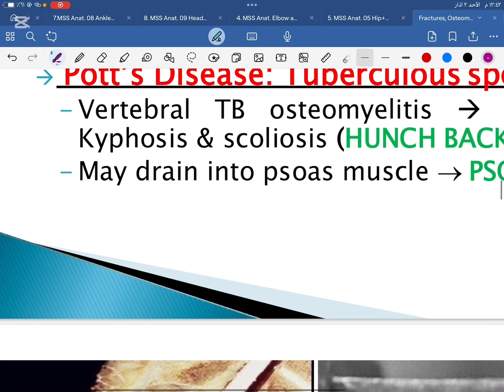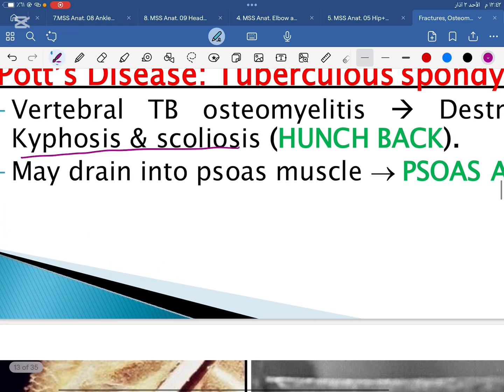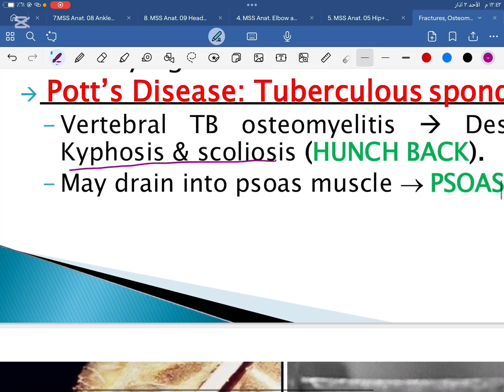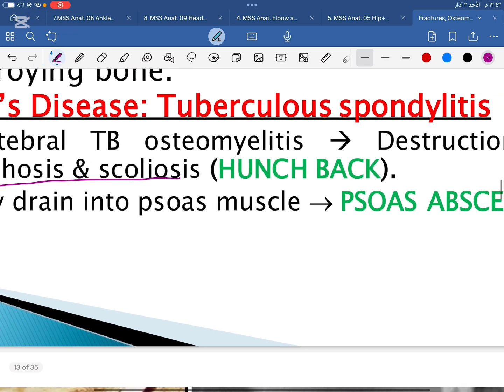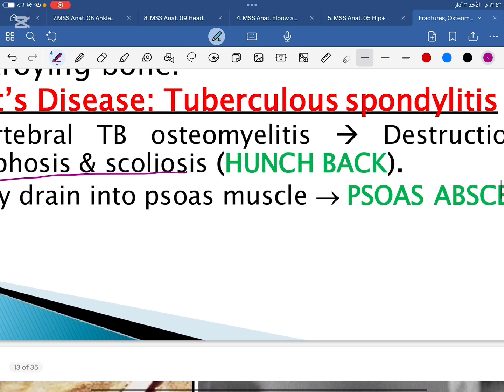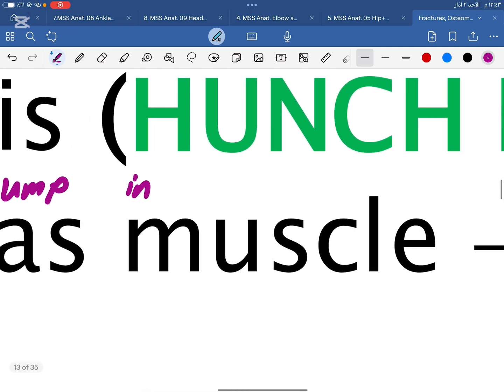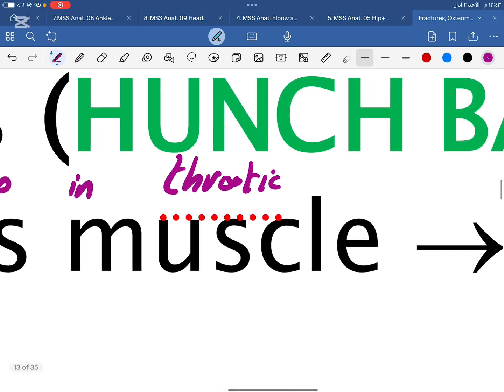As a result, we have malformation of the vertebral column: kyphosis, and lateral curving of the backbone, scoliosis. Kyphosis is the hump in the thoracic and cervical vertebra, humping, the hunchback. There are many complications. It may drain into the psoas muscle, causing a psoas abscess.